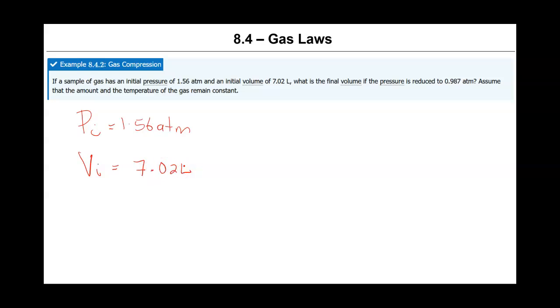What is the final volume? So V final is what we're trying to find if the pressure is reduced to 0.987 atm. So pressure final equals 0.987 atm.